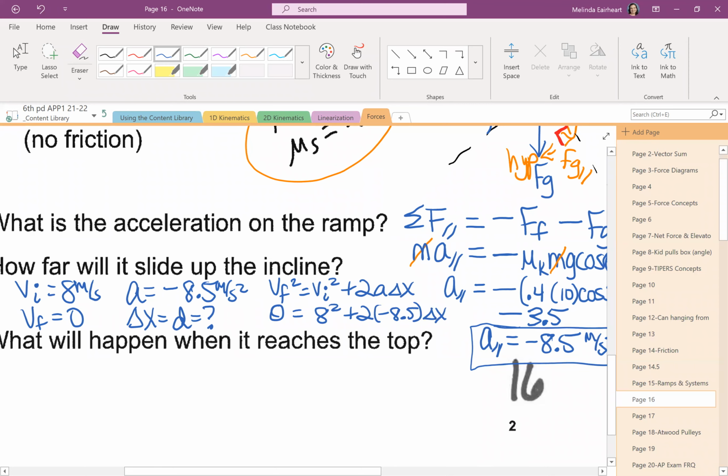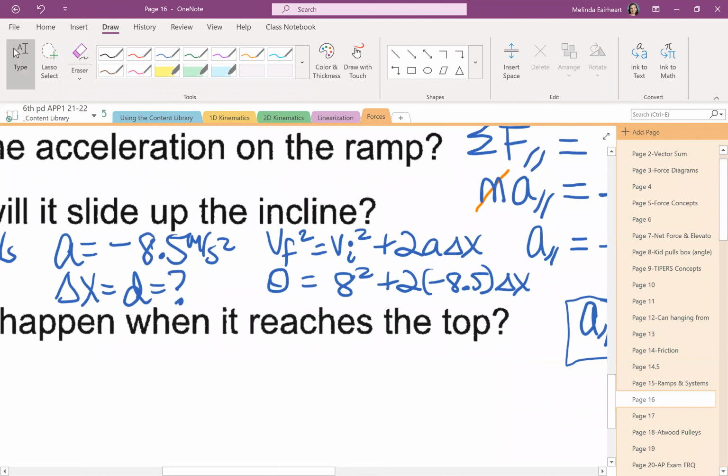So I'm running out of room there. 8 squared is 64. I got to subtract it to the other side technically. And so if you have negative on the left, negative on the right, going to cancel out. But 64 divided by the product of 2 times 8.5 is going to be what?